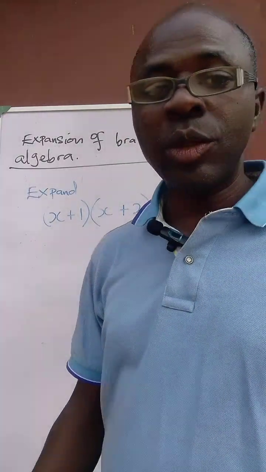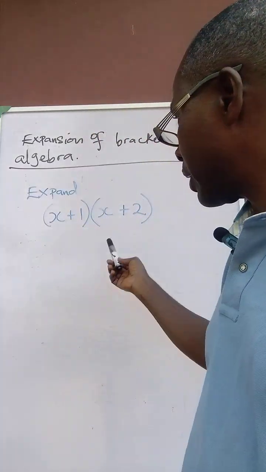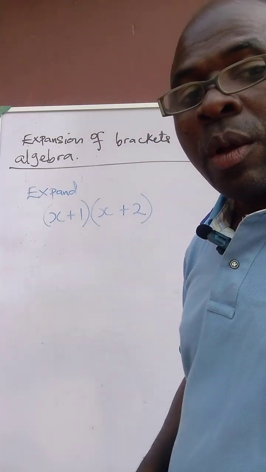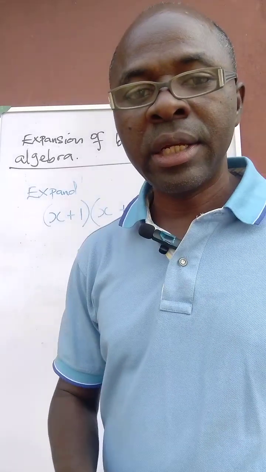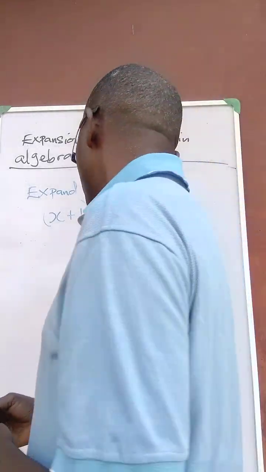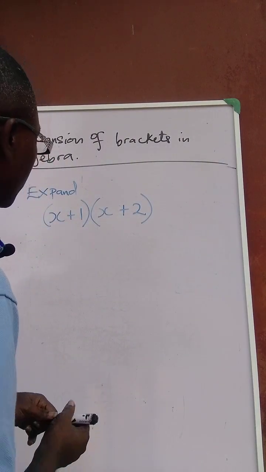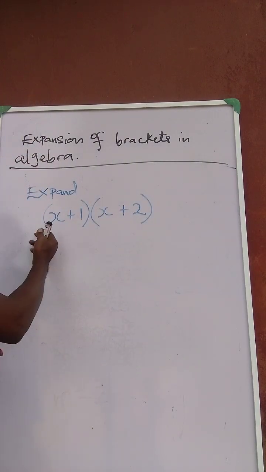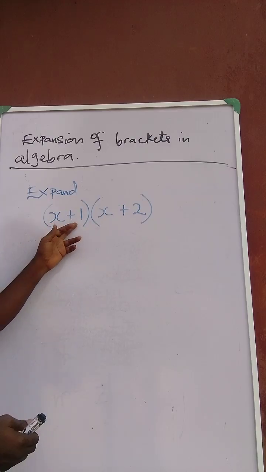Good. Now there are different ways you can expand these two brackets that multiply each other, but the safest, clearer way to do it is doing it this way. You take one of the brackets. Let's just take this first one here, x plus 1.